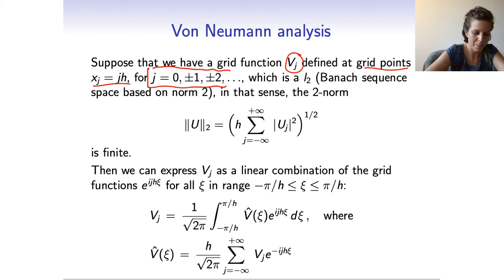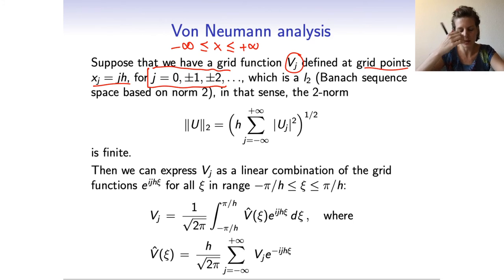So our continuous space is given by this. So when we look for a discrete grid, we will have infinite points in both directions. So here L2 is a Banach sequence space based on the norm 2, in the sense of the 2 norm. So U here is a vector.